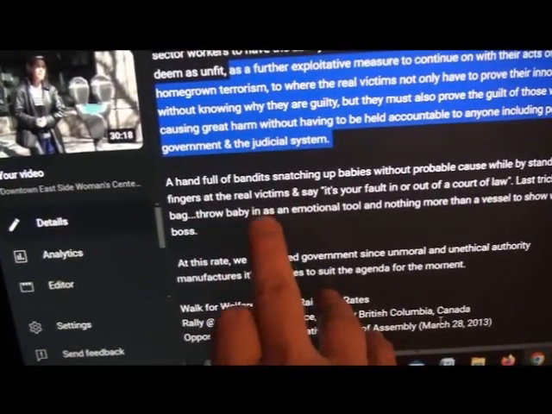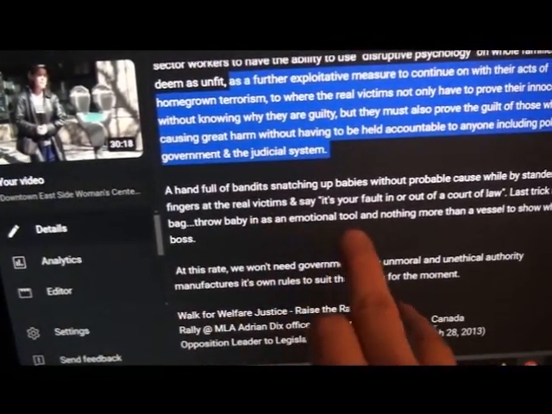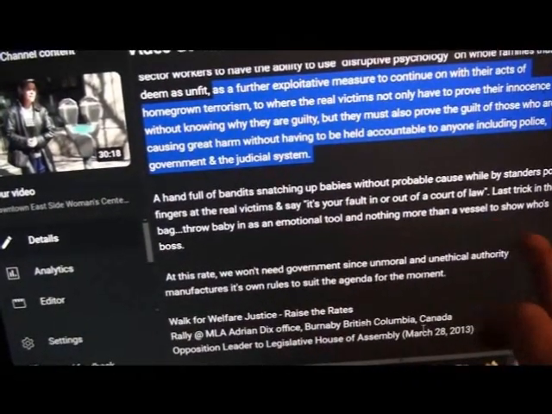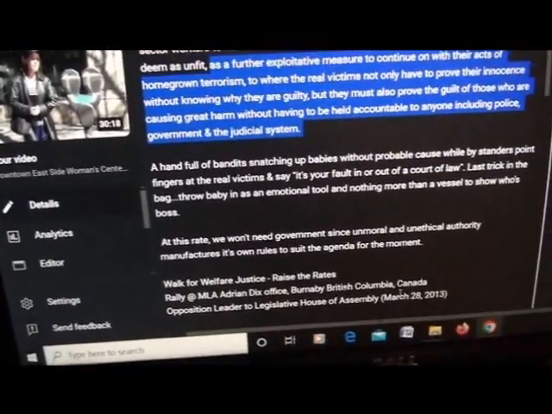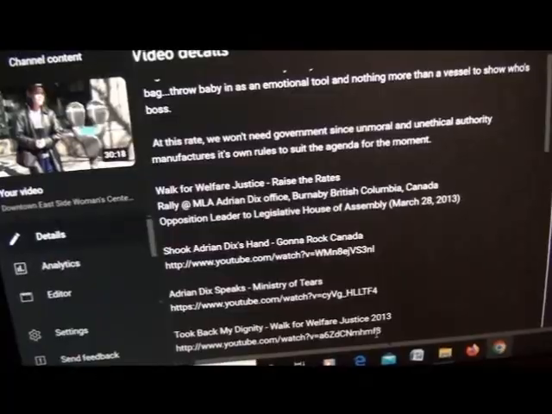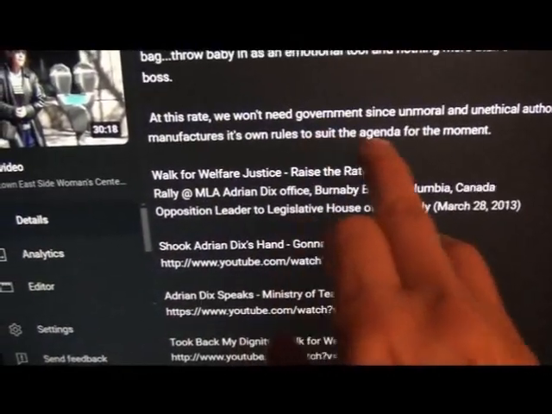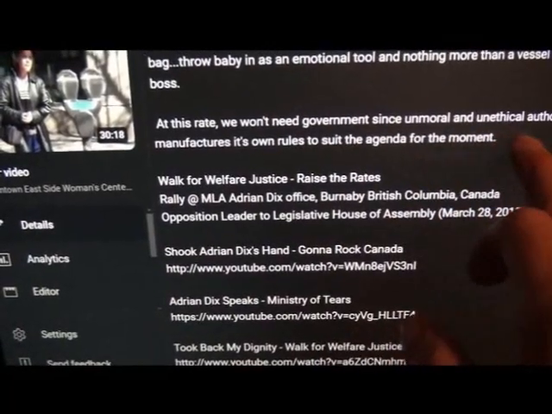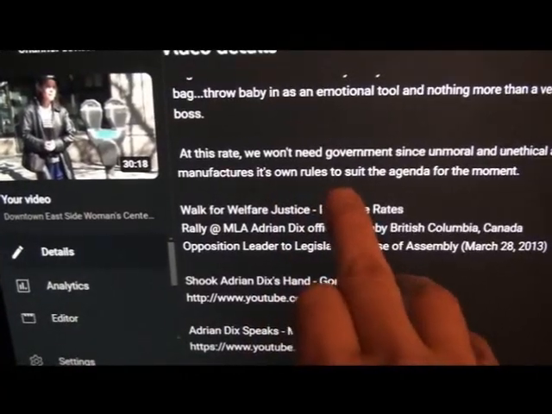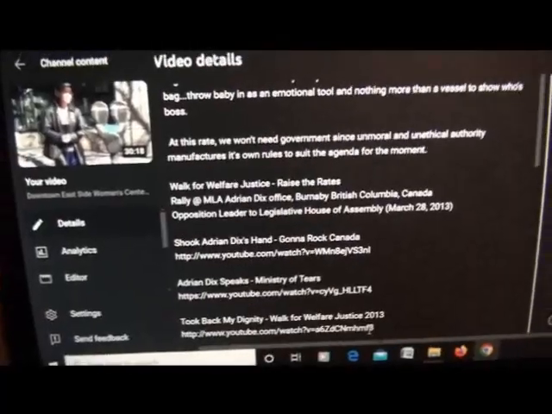Throw baby in as an emotional tool and nothing more than a vessel to show who's boss. And that's basically what it was. It was just a big power trip. At this rate, we won't need government, since unmoral and unethical authority manufactures its own rules to suit the agenda for the moment.